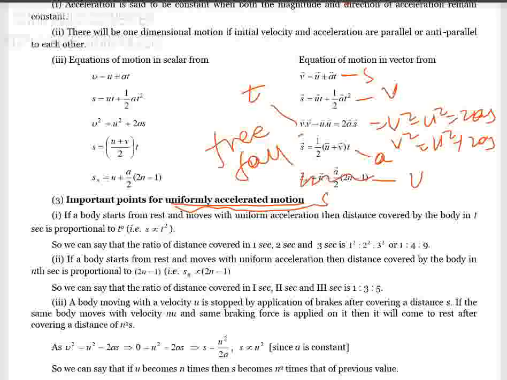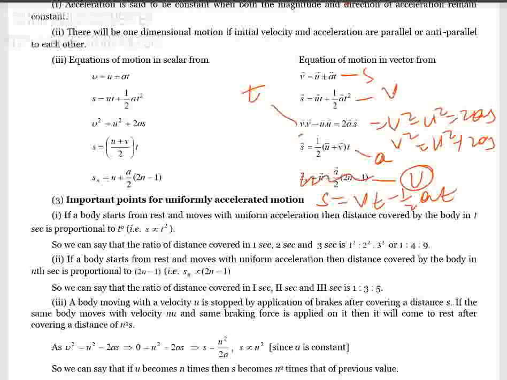The fifth equation is s is equal to vt minus 1 over 2 at square, and its u is missed. Therefore, from the 5 variables, one is missed in each equation. Let us see, in each equation one variable is missed.